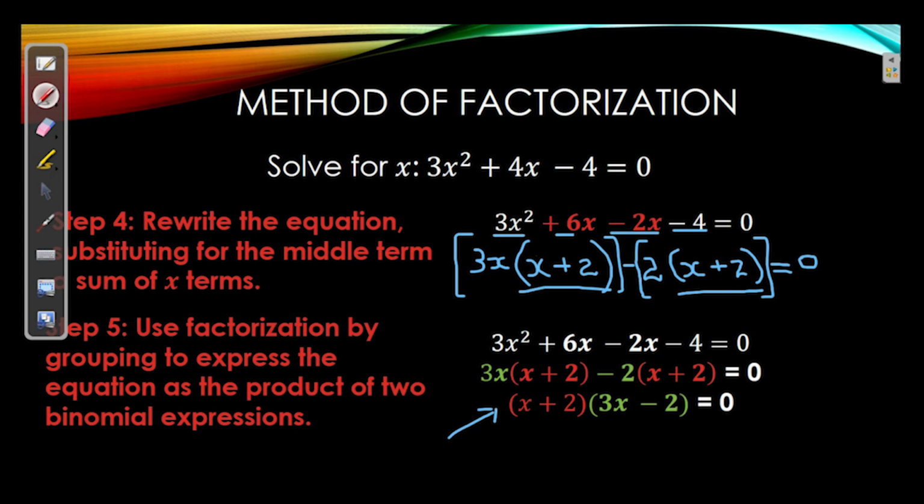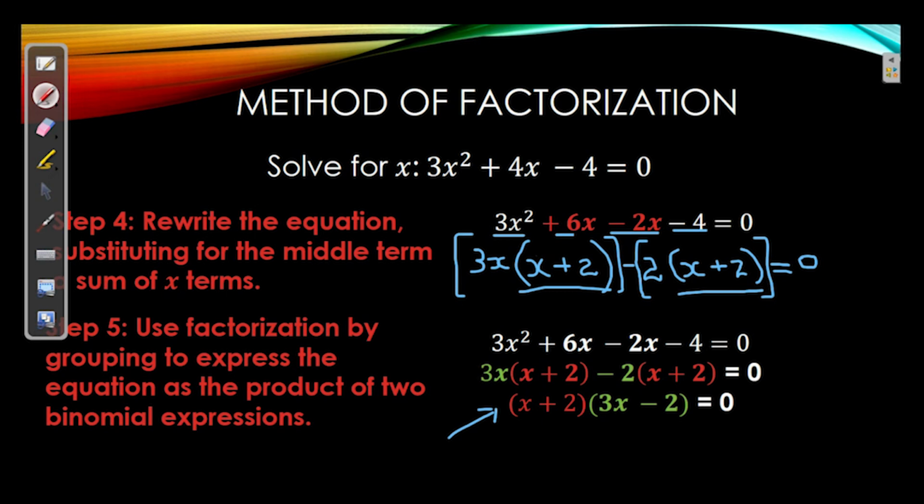But for those of us who need to fully comprehend the process of factorization and need to know that this is a factorization still occurring here to fully appreciate what is being done, remember you are factoring out the common factor, which in this case was a binomial factor of x plus 2. So when we factor it all out, this is what we get: x plus 2 times 3x minus 2, and because we were dealing with an equation, we have that it is equal to 0.